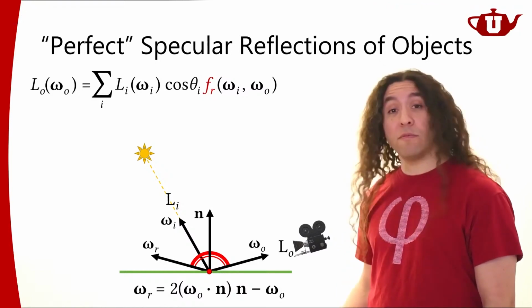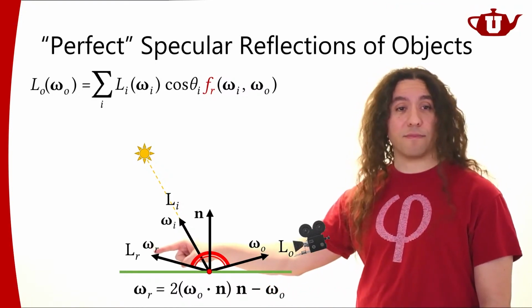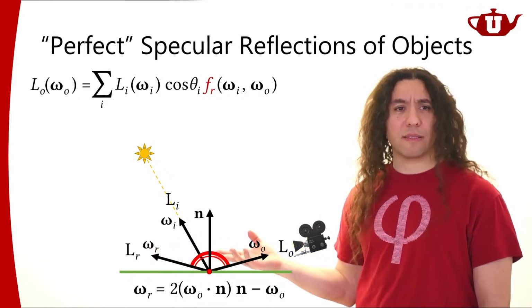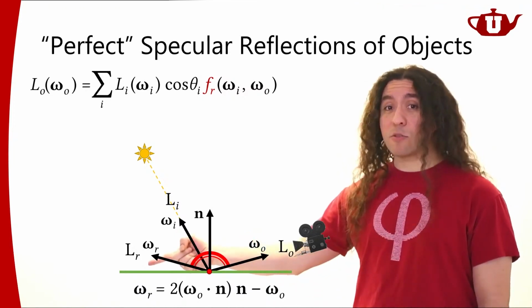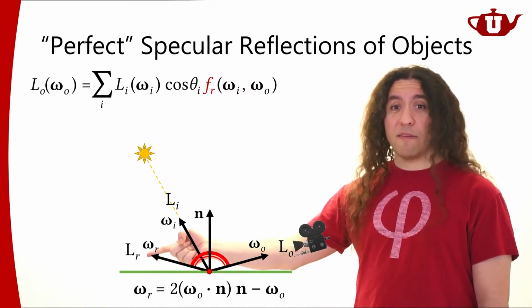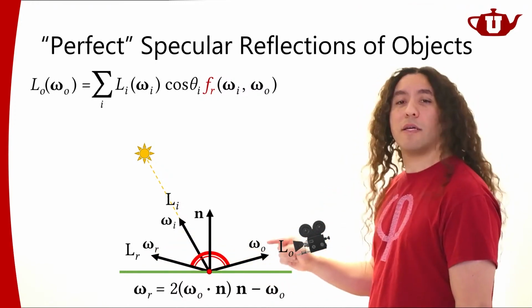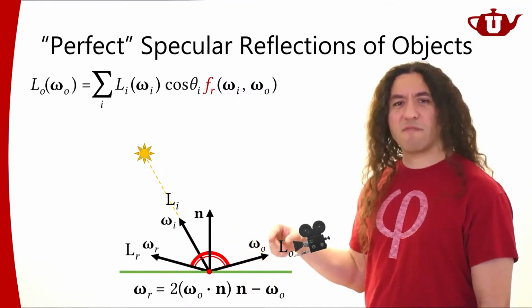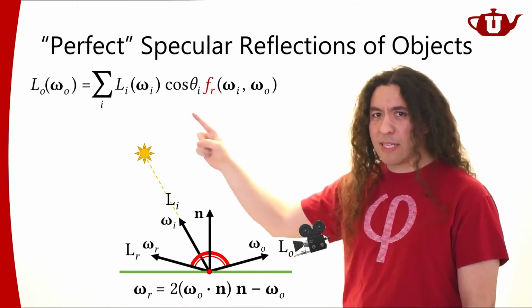So I just need to know how much light is coming from my perfect reflection direction. I call it here LR. So what do I do with it? Well, this is very much like a light source, right? I need to treat it very much like a light source, and I can just use it like this.